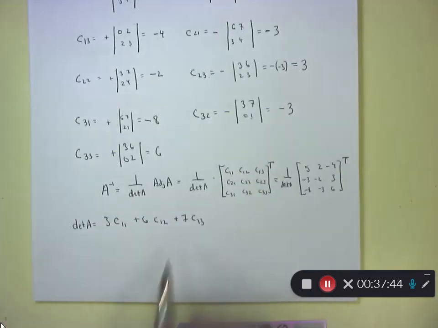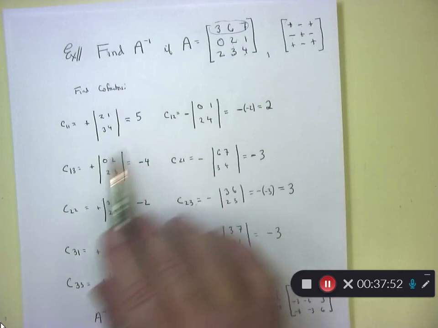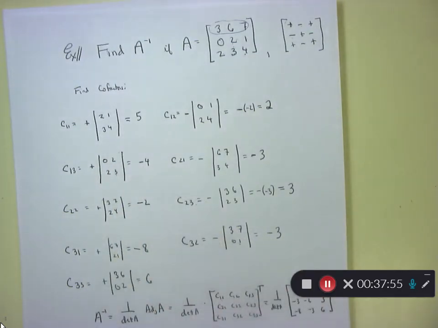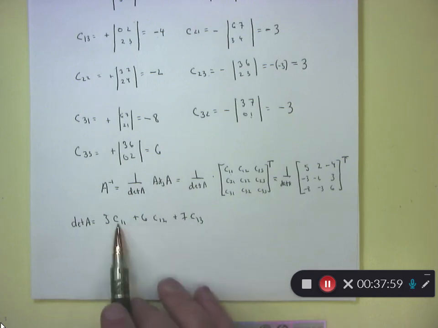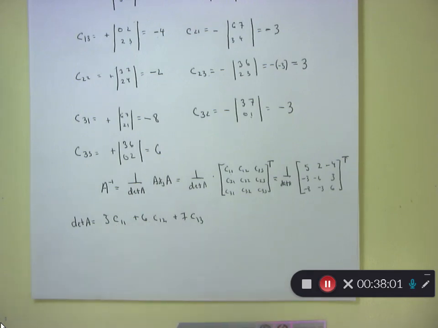Does that make sense? Well, wait a minute. Don't you need to put the signs in it? No, I don't. You know why I do not need to put the signs in it? Because the signs have already been put into the C11, C12. So it's just figure out a row or a column that you want, and then use the minor matrix off that. And these cofactors already have the signs from the sign chart already embedded in them.